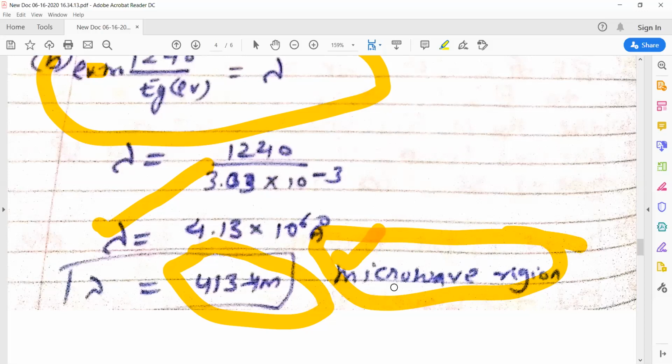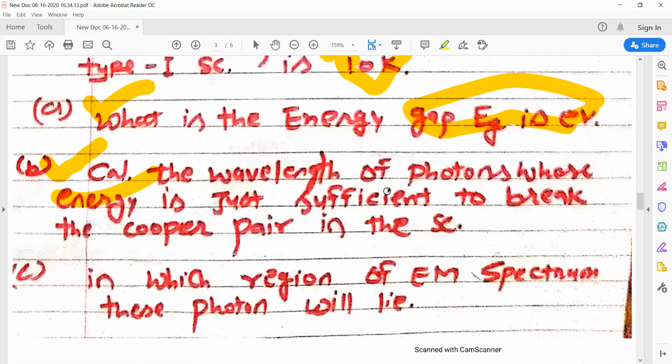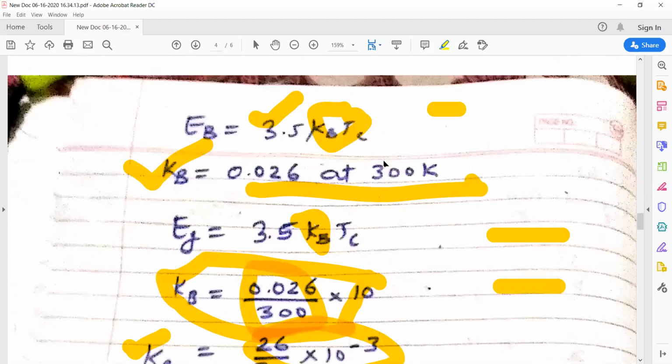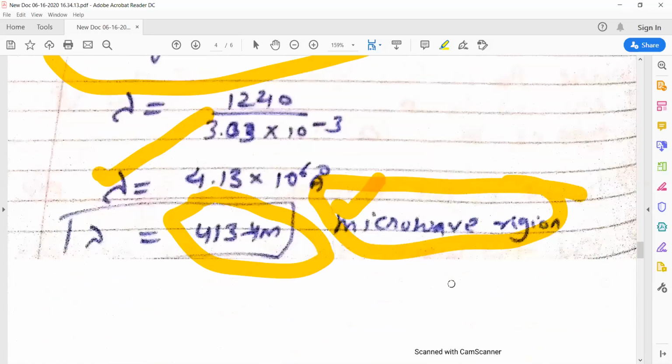We can understand from this question that if I put microwave radiation on the Cooper pair, they will break, and after breaking up the Cooper pair, they go to the normal state from the superconducting state. It is a very easy question, but it is also very important for understanding superconductors.